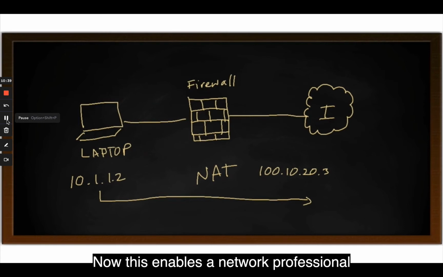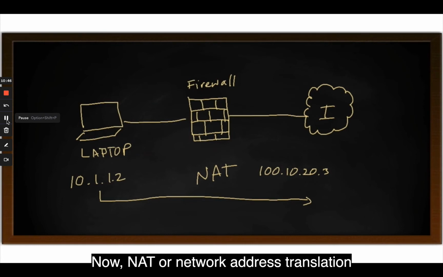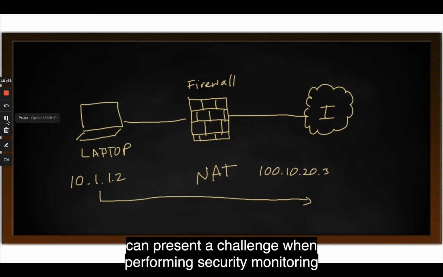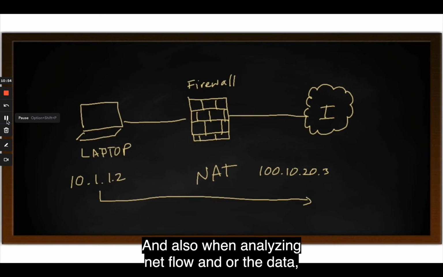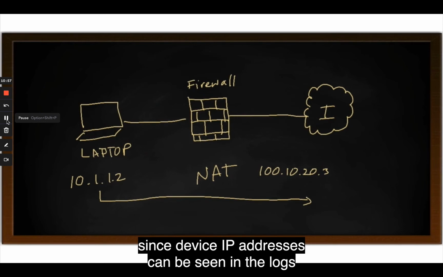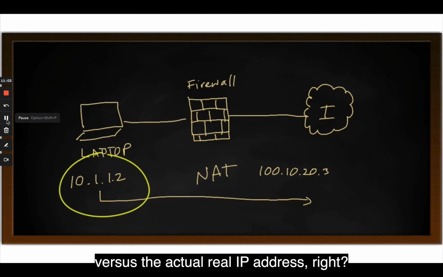This enables a network professional to use any IP address space as the internal network, right? NAT can present a challenge when performing security monitoring and analyzing logs, and also when analyzing NetFlow and other data, since device IP addresses can be seen in the logs as the translated IP address versus the actual real IP address, right?